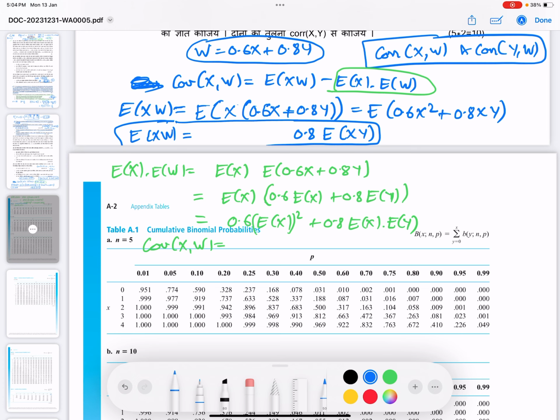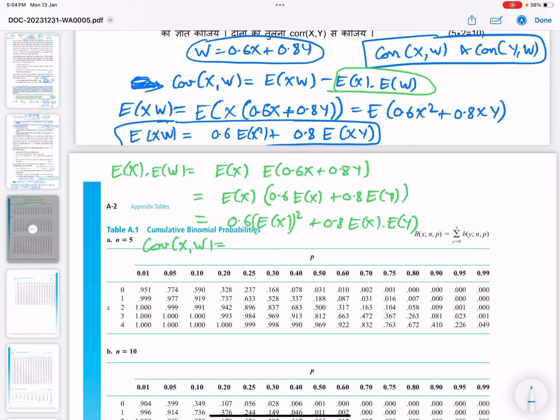So this would become 0.6 expected X square plus this. Okay, so we are getting this value.